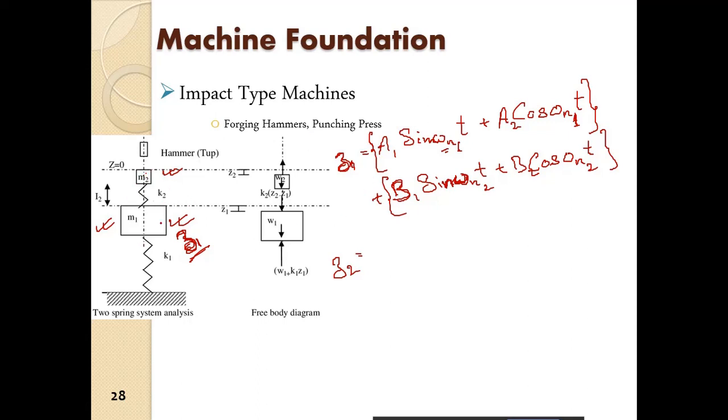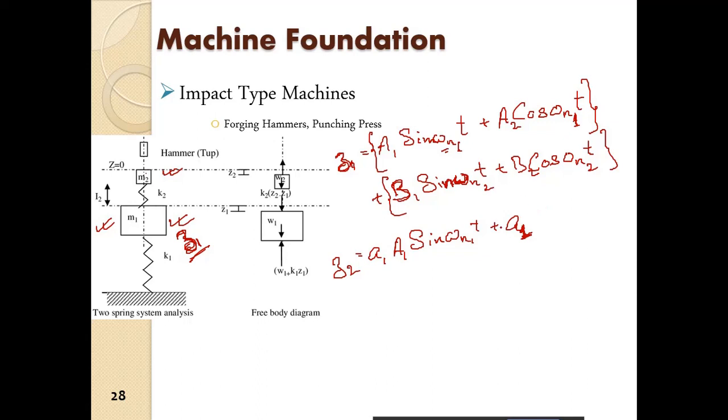So we can say A1 here, and the rest remains the same: sine of omega n1 t plus, no, sorry, that will be A1, so A1 is for this motion correlating z2 to z1.